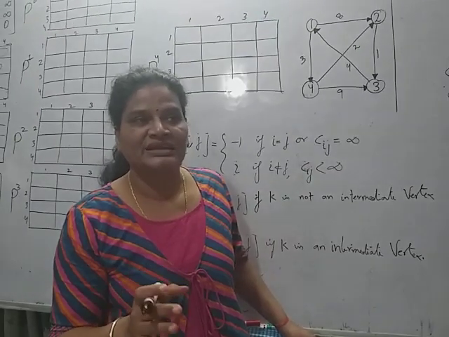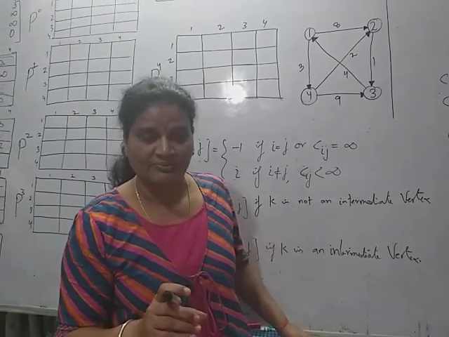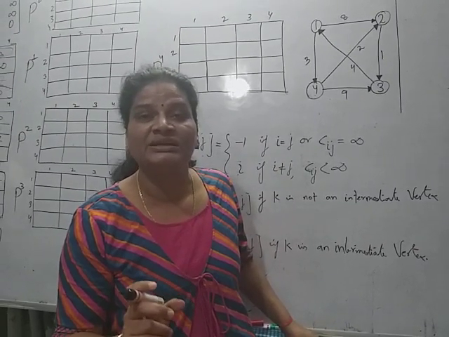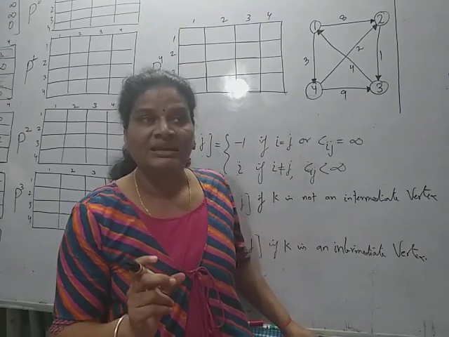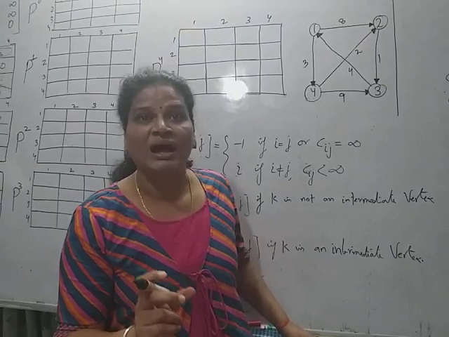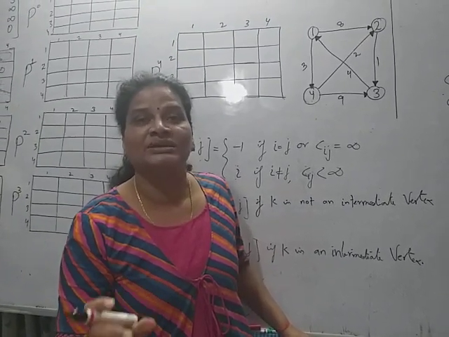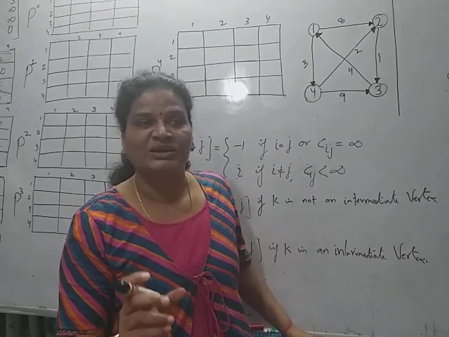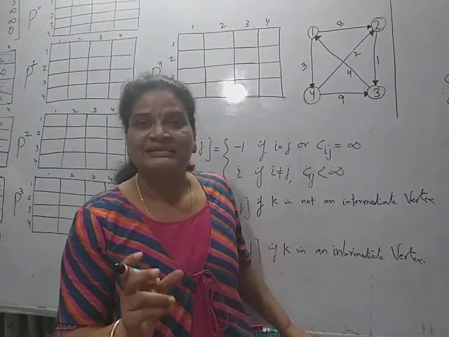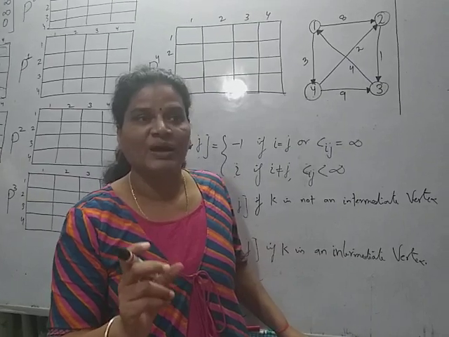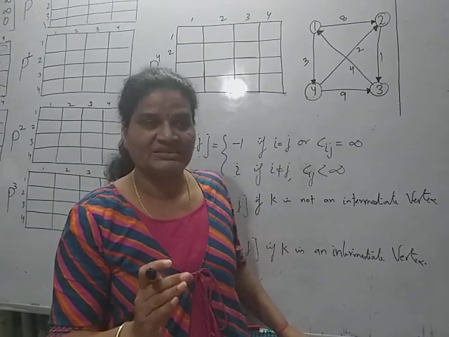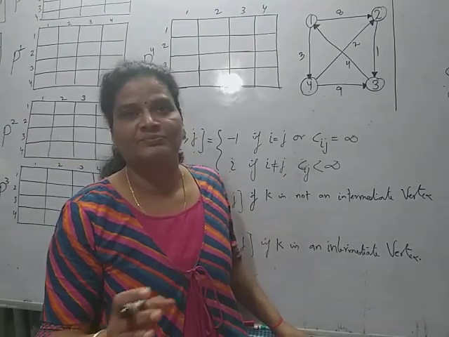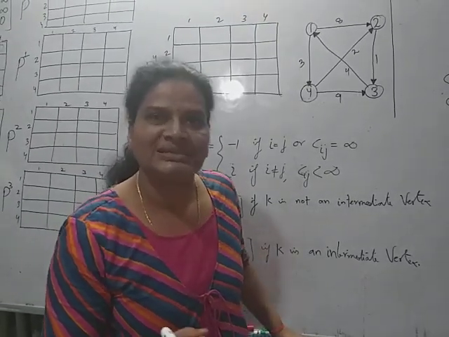As I described, the Floyd-Warshall algorithm uses the concept of intermediate vertices when we consider the shortest path from vertex i to vertex j. We consider this path as passing through no intermediate vertex, then through one intermediate vertex, then through two intermediate vertices, and so on.